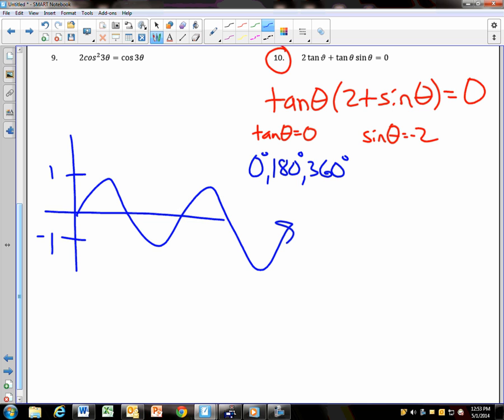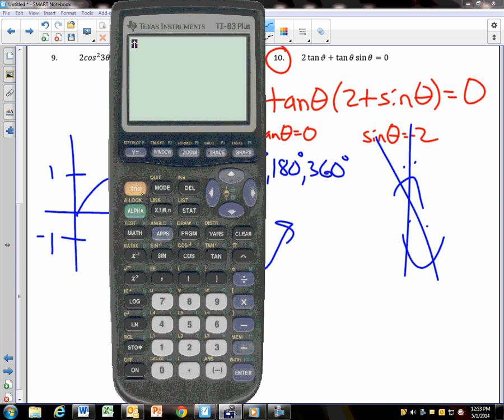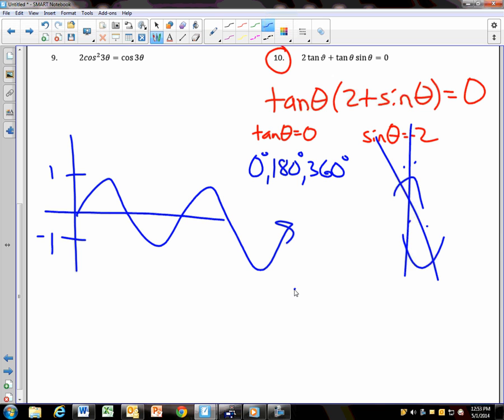Never. It has no solution. You try it on your calculator. Sine inverse of 2. Domain error. Can't do it. Sine doesn't achieve that value. It has to be between -1 and +1.